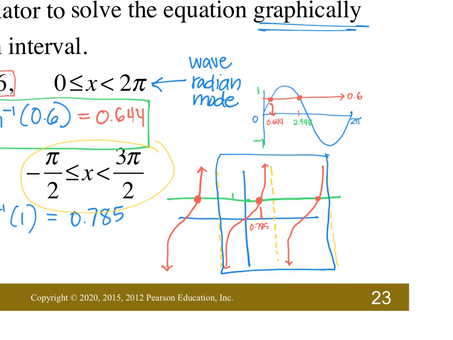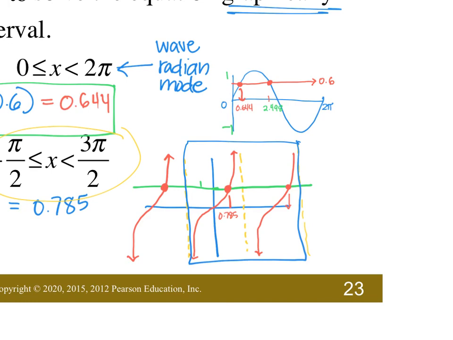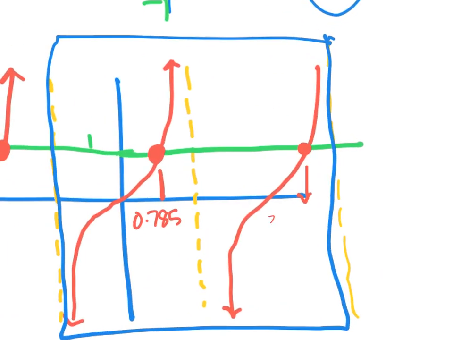And so then I'd have a second value here that I would need to do a calculate intersection. So second trace, the intersection feature, and we zoom in here a little bit, 3.9269. And since we look at the 4th decimal, we want to round that to 3.927.